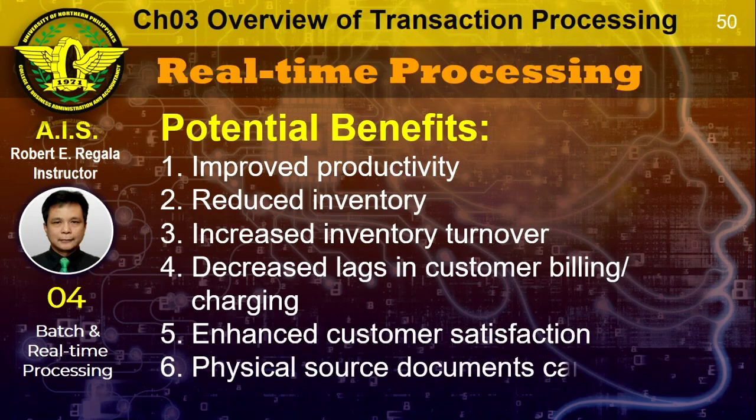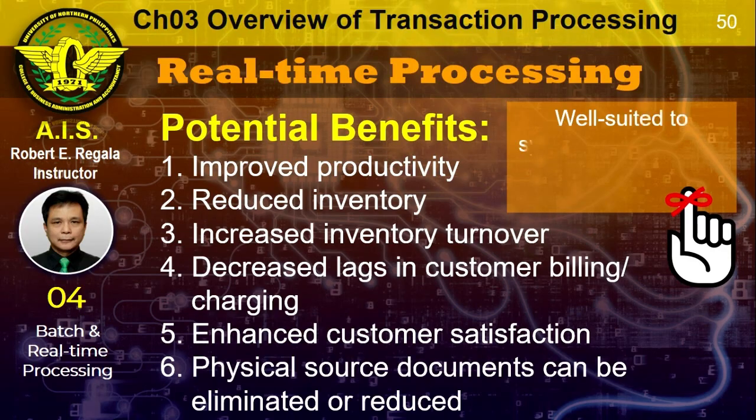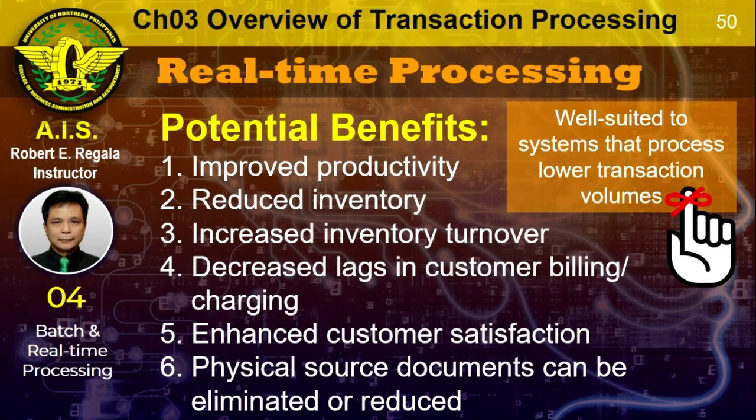Because transaction information is transmitted electronically, physical source documents can be eliminated or greatly reduced. Real-time processing is well suited to systems that process lower transaction volumes and those that do not share common records.